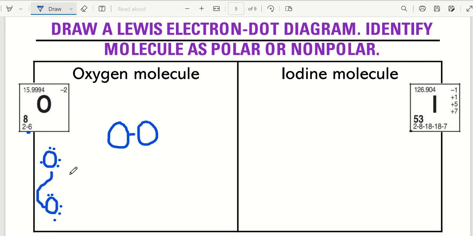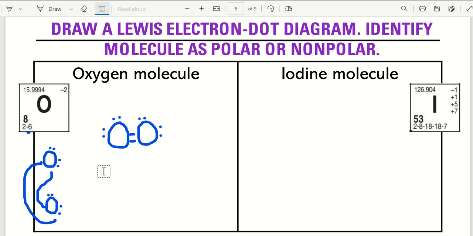Now check my Lewis dot structures for the atoms. Are all of the unpaired electrons accounted for? No, they are not. So what I need to do is bond this one also to this one. So a second line. Now I check again. Are all the unpaired electrons accounted for? Yes, they are. But put those remaining paired electrons that don't bond here.